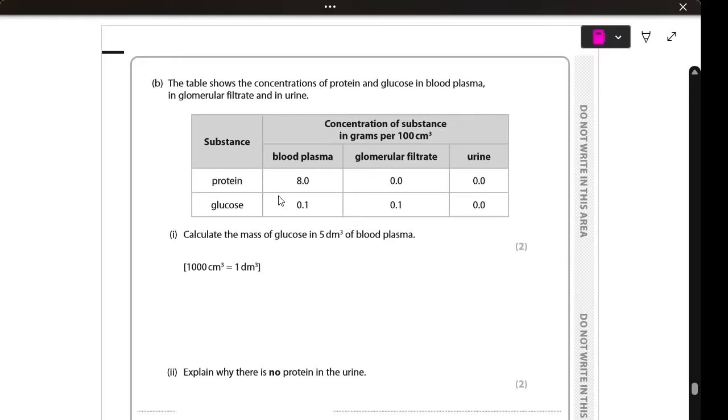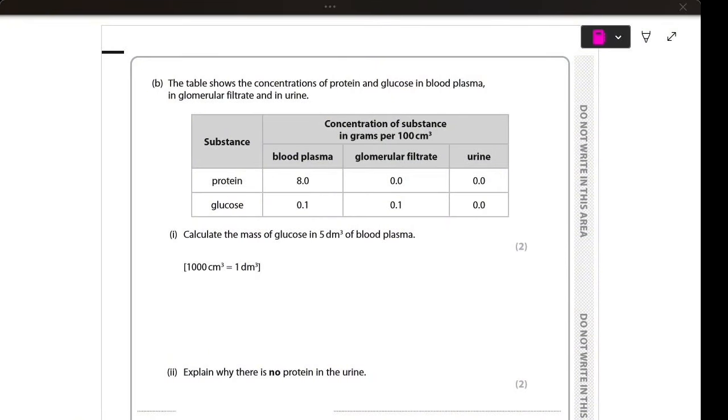Then they've given us a table showing the concentration of substances in grams per 100 centimetre cube. In blood plasma, this is the amount of protein present in blood plasma, glomerular filtrate, and urine. And for glucose, they've given us the concentration also. Let's see what they've asked.